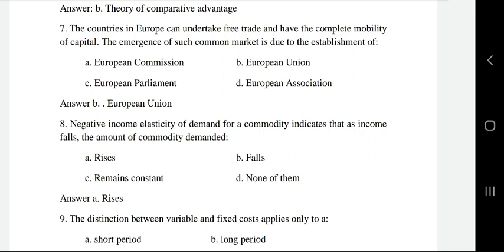Options are rises, falls, remains constant, none of them. The answer is option A, rises. Negative income elasticity of demand for a commodity indicates that as income falls, the amount of commodity demanded rises.